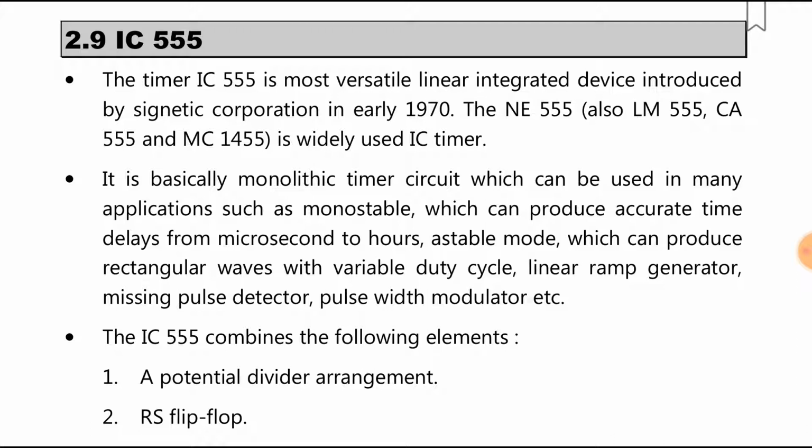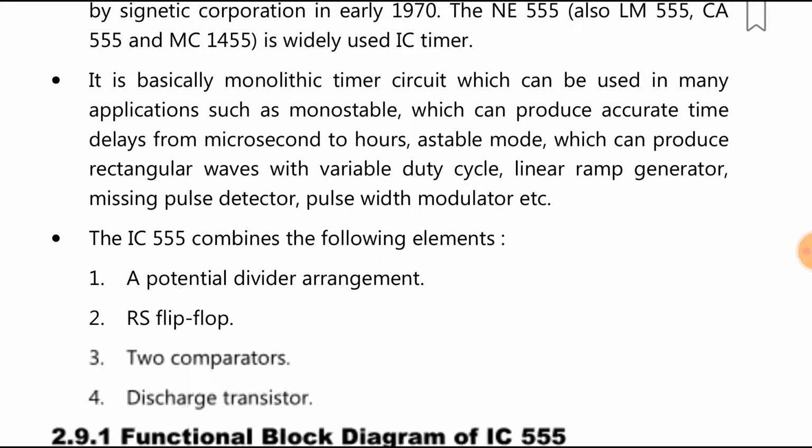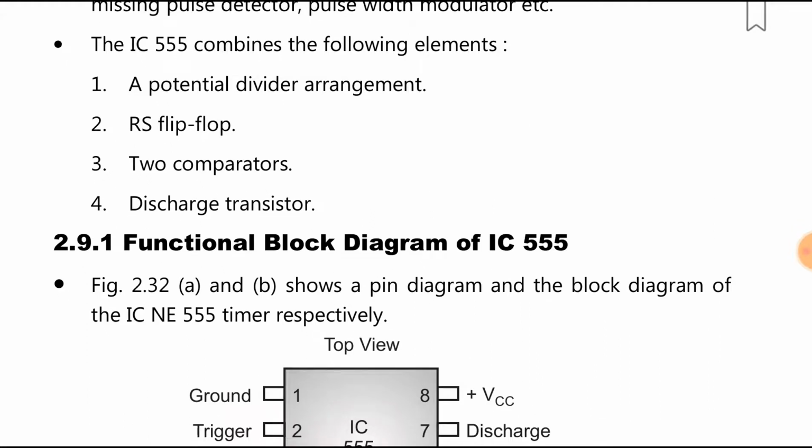Astable mode, which can produce rectangular waves with variable duty cycle. Linear ramp generator, missing pulse detector, pulse width modulator, etc. The IC555 combines the following elements: a potential divider arrangement, RS flip-flop, two comparators, and a discharge transistor.